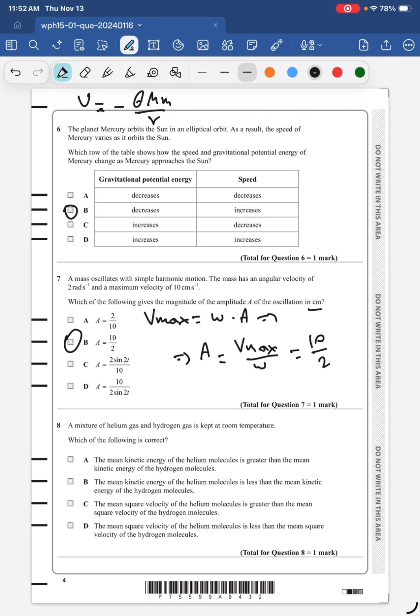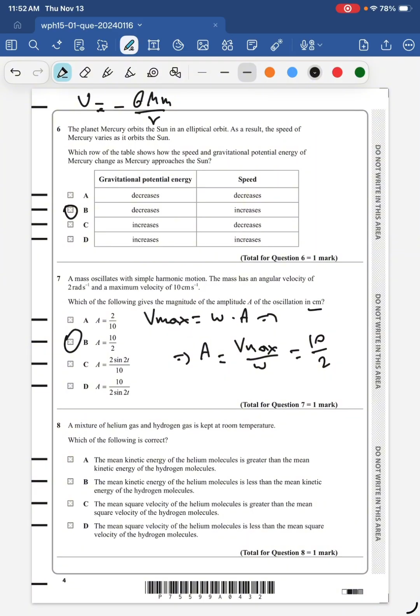All right. The mean kinetic energy of the helium molecules is greater than the mean kinetic energy of the hydrogen molecules. Can we even reply to that? We cannot, because we need to know... Wait, the mean kinetic energy of the molecules, not the whole gas.